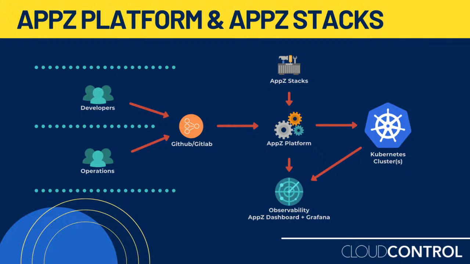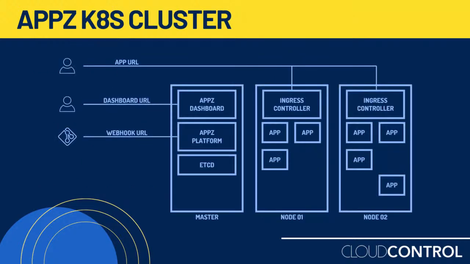So back to the Kubernetes cluster. We talked about the application URL and the certificates. What is the role of the ingress controller, and how are we taking care of load balancing and resilience in this cluster?